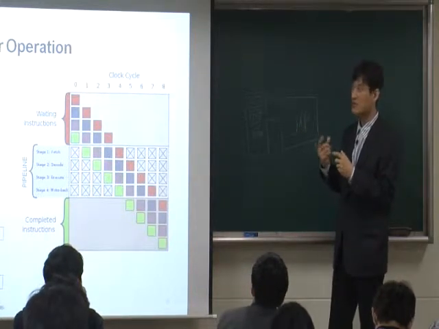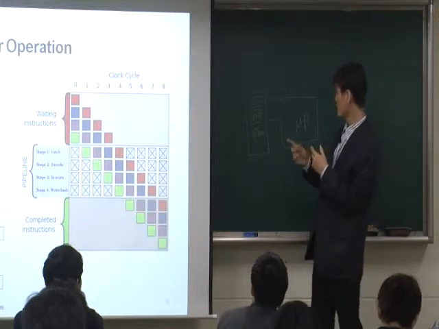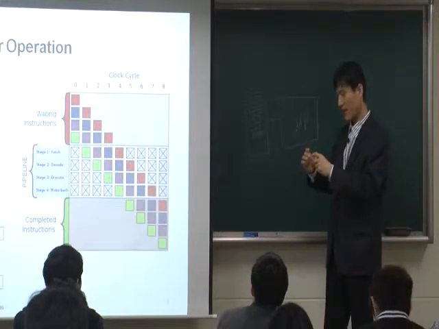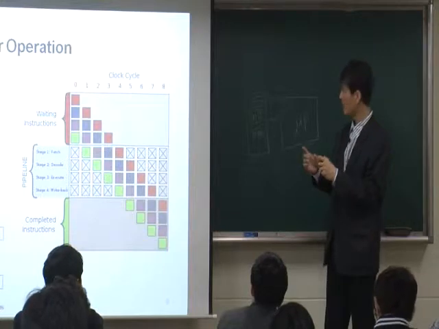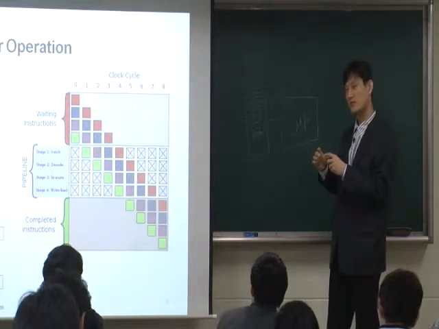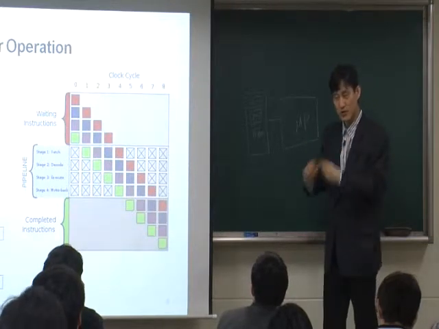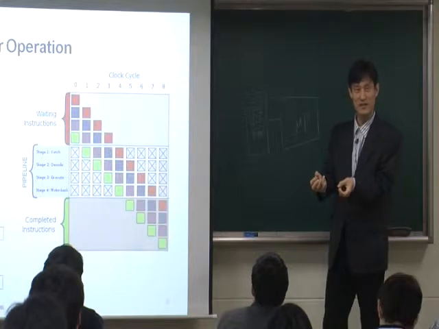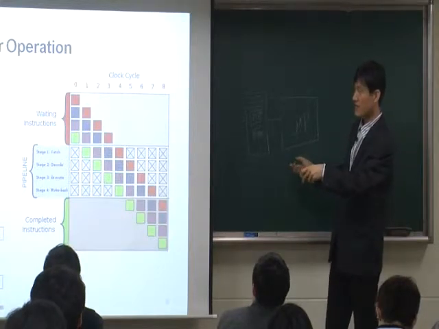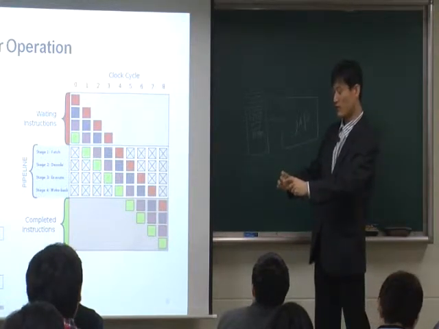So that's decode. And once the microprocessor has looked at it and decoded it, it has to do execution. What is execution? If this is addition, then you really have to do the addition. Decode is like, now I see the instruction, oh, this is add.